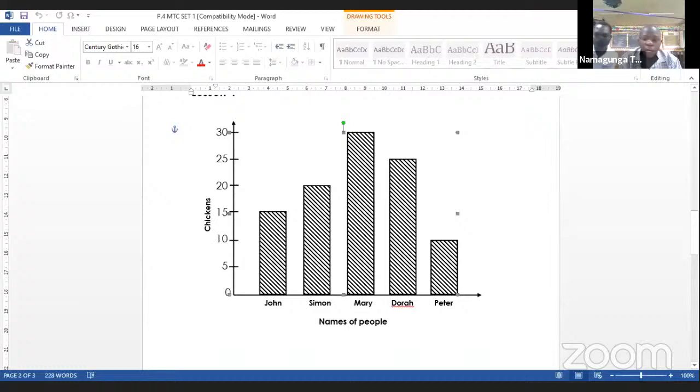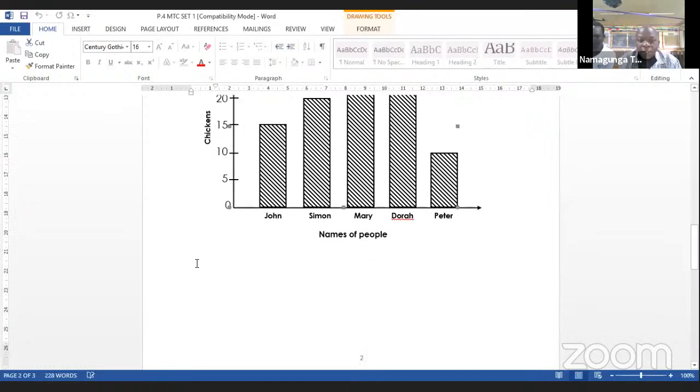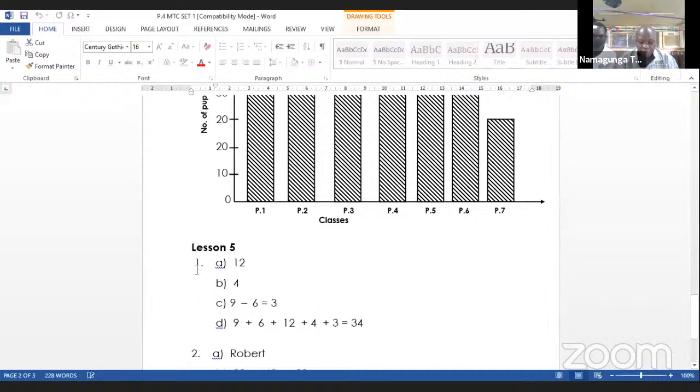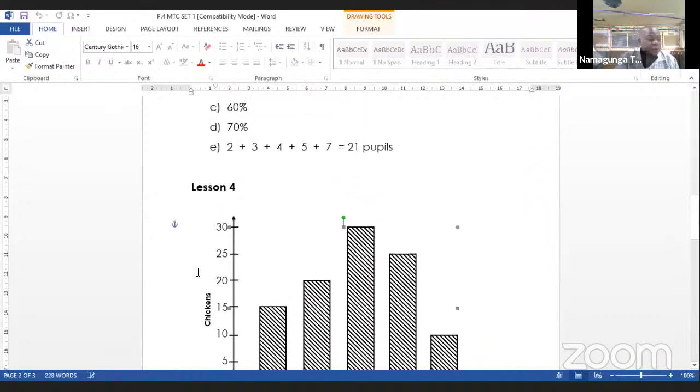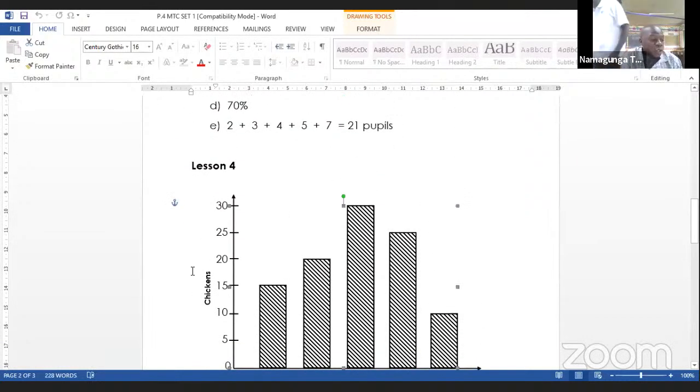How many pupils scored 80%? That is question 2. I'm seeing here, who is ready to answer this one? Let me look for someone here.